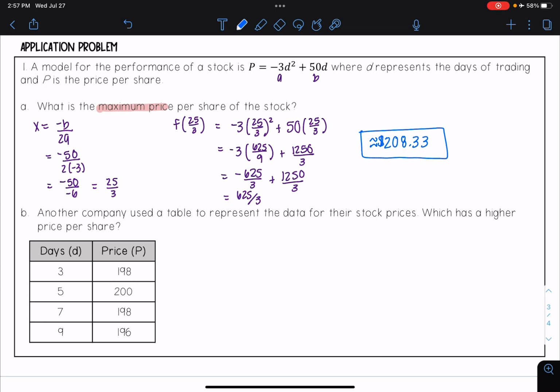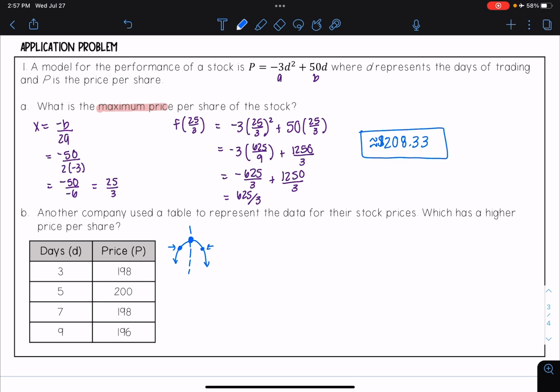So again, we need to look at when we graph a parabola, what does it look like? Well, we know it looks like this, where there's a peak, which is our vertex, which is where our maximum is happening. And we see that the points are reflected across the axis of symmetry, where our y values would be the same.